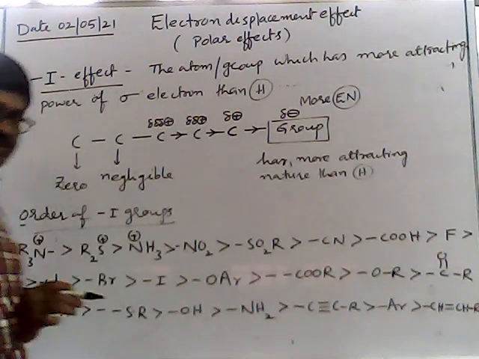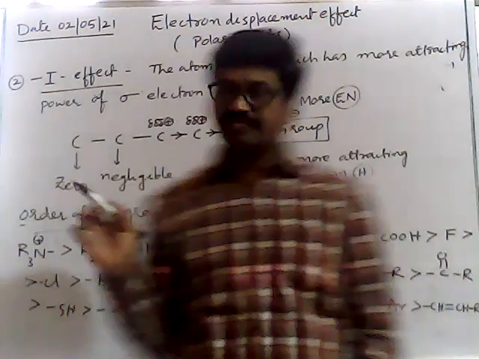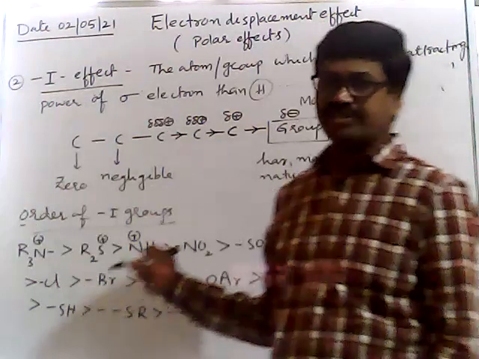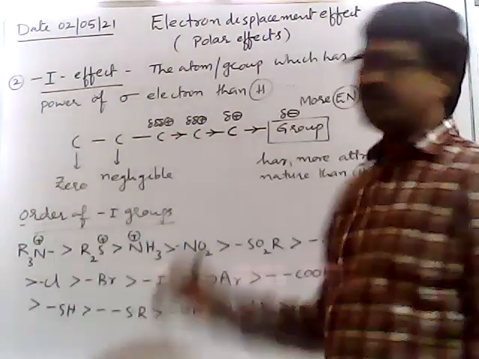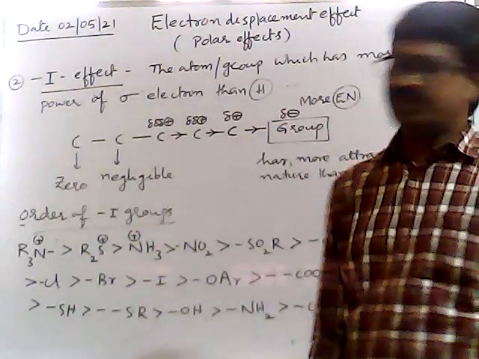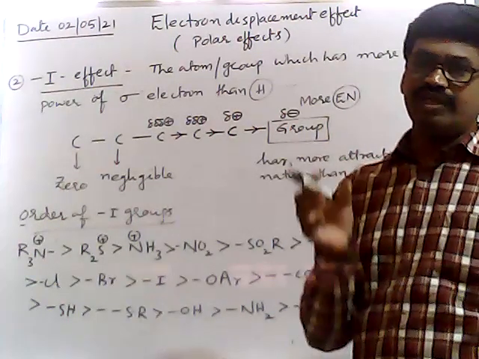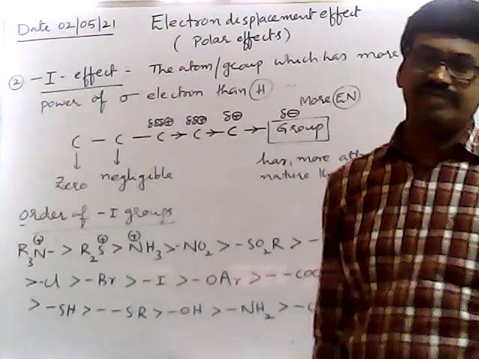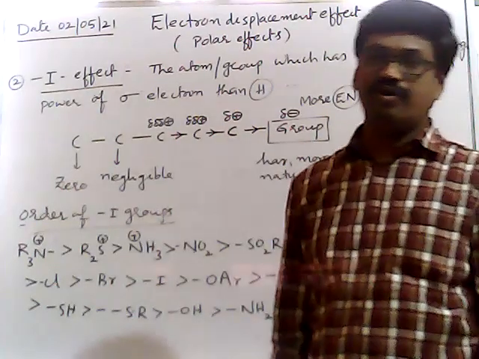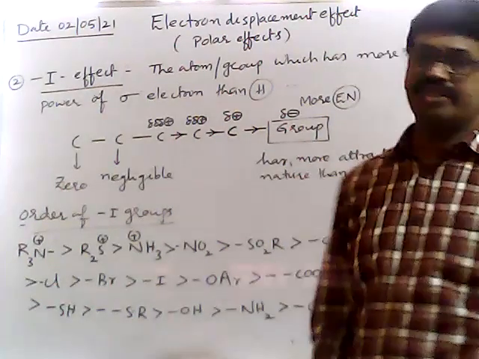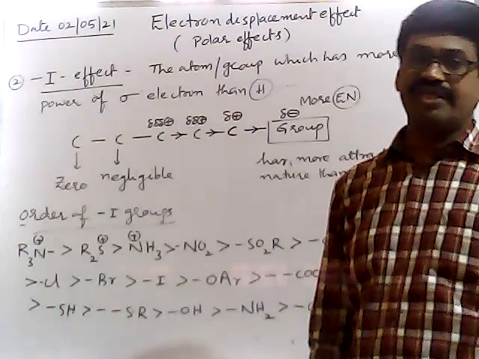In previous examination papers I have seen this question. From this they give 4 or 5. Here many are there. Among these they choose only 4 or 5 and put them into a question. And they ask what is the order of increasing minus I nature of these groups, or decreasing minus I nature.